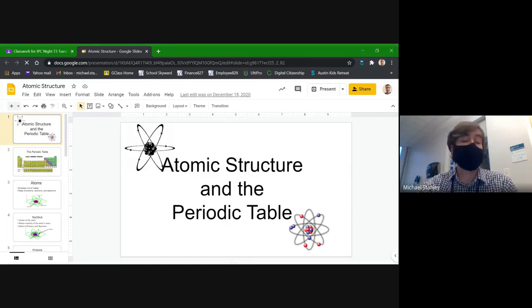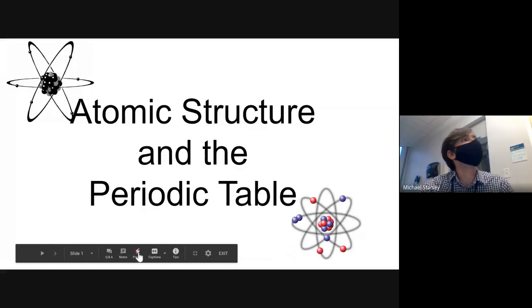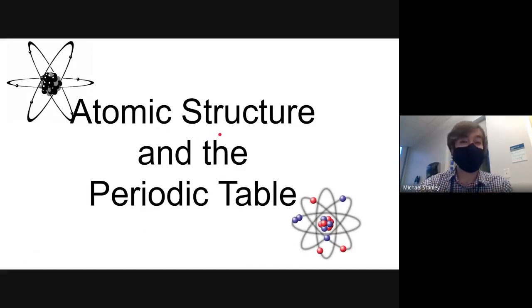So we're going to be talking about two major pieces that go into atoms. The atomic structure, or how do you build an atom? What are the different parts of an atom?